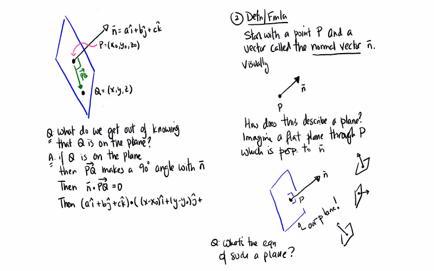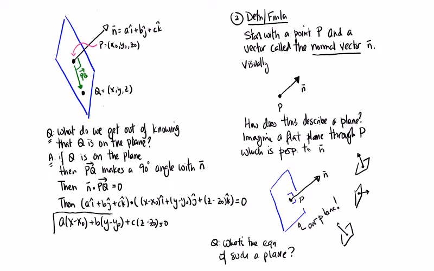This is all PQ that I'm writing down now. That must all be 0. So if we dot these out, we get a(x minus x0) plus b(y minus y0) plus c(z minus z0) equals 0. So this is the equation.